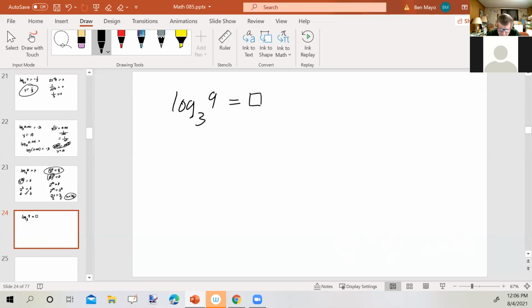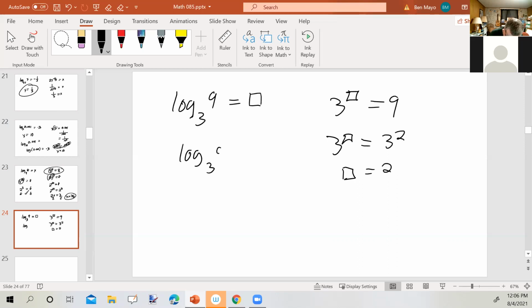Now I'm going to take this logarithmic equation and change it into an exponential equation. So 3 to the box power equals 9. But I could take 9 and write it as 3 squared, therefore the box equals 2. So log base 3 of 9 equals 2, because 3 squared equals 9. Any questions there?